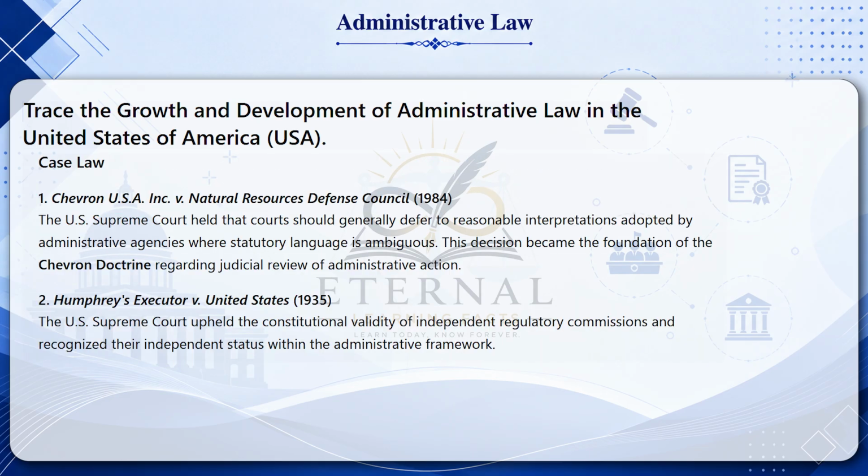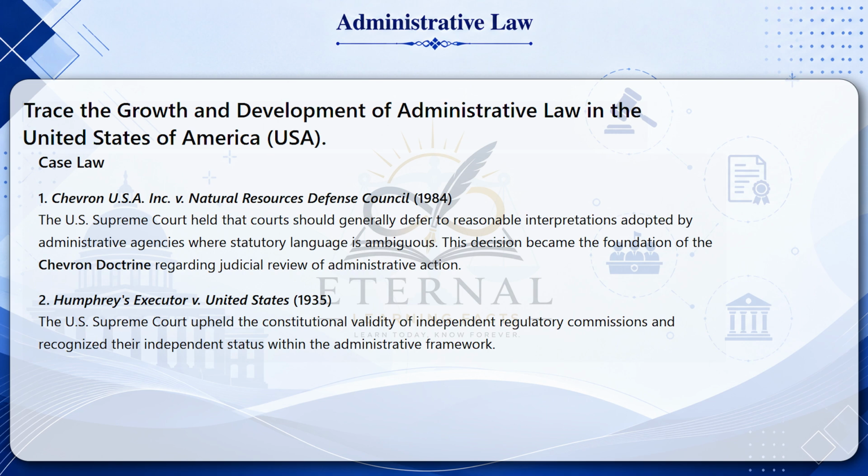Case law. Chevron U.S.A. Inc. versus Natural Resources Defense Council, 1984. The U.S. Supreme Court held that courts should generally defer to reasonable interpretations adopted by administrative agencies where statutory language is ambiguous.